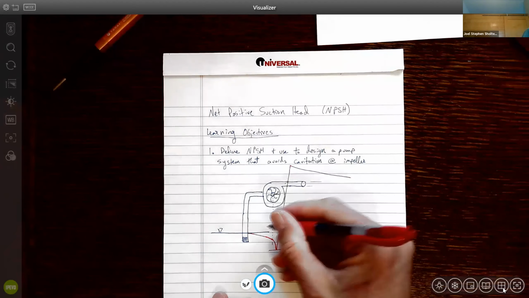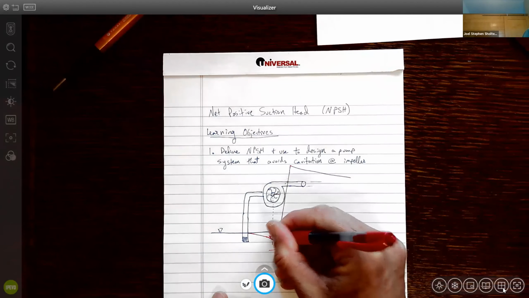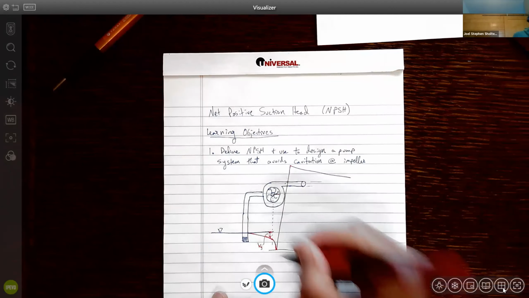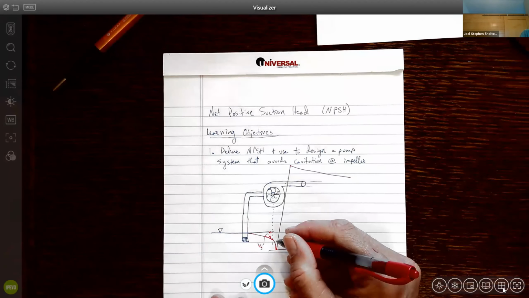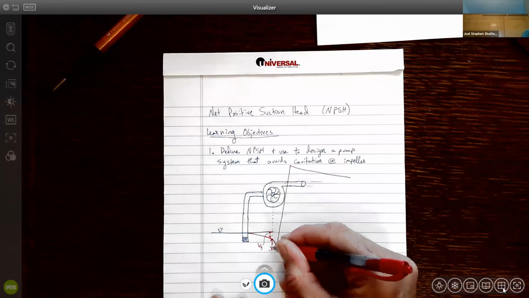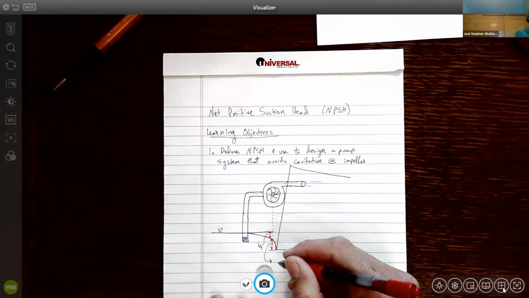So we've got the head loss due to friction right here, and that's just the length of the pipe system. And then we have the head loss across the pump face. And this is what our net positive suction head actually is.